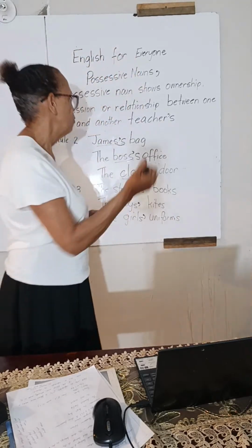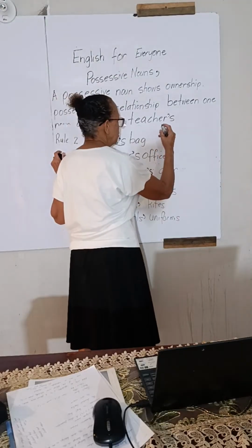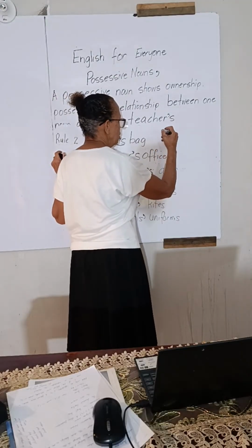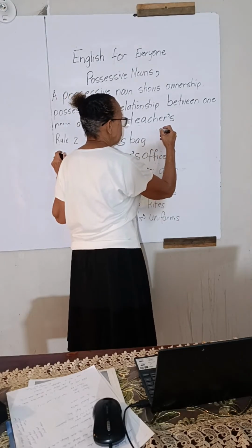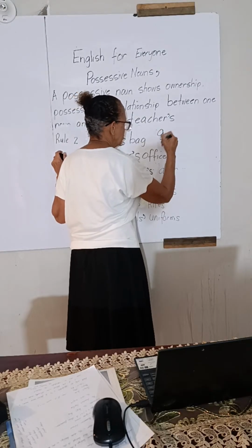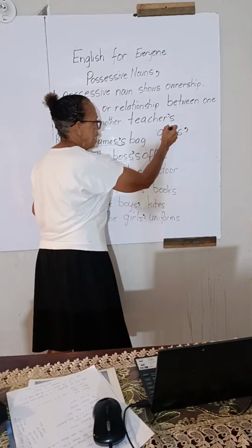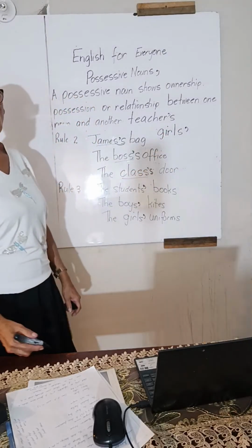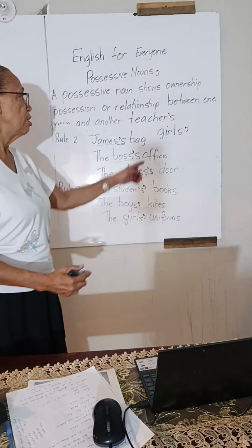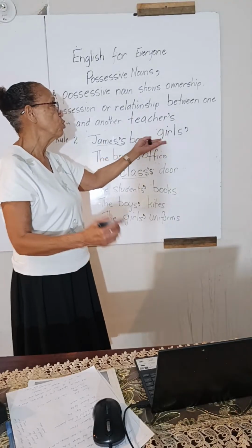So if I see the word girls' with the apostrophe on the outside, right away I know they're talking about more than one girl. Maybe two or three girls.